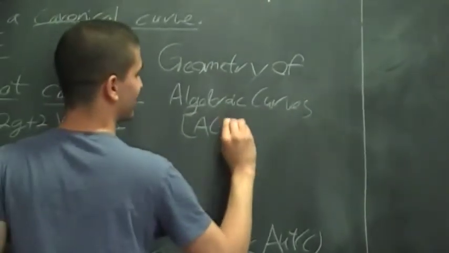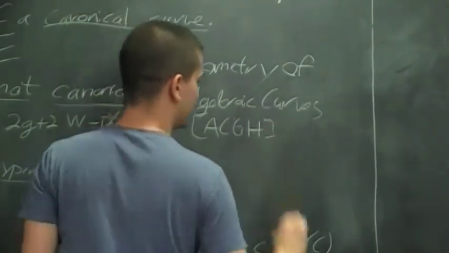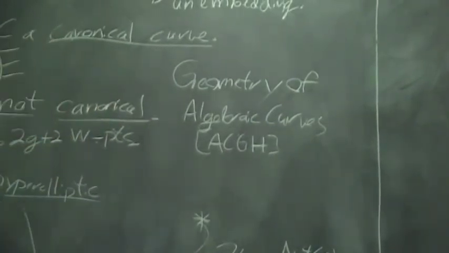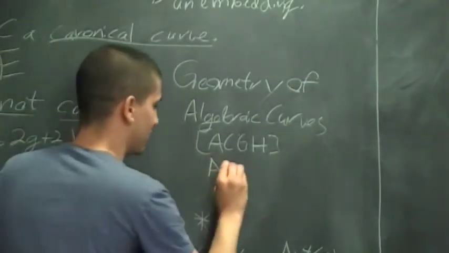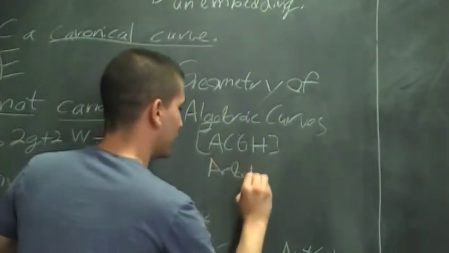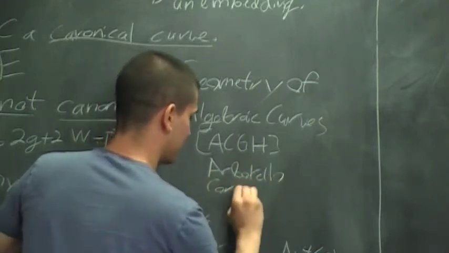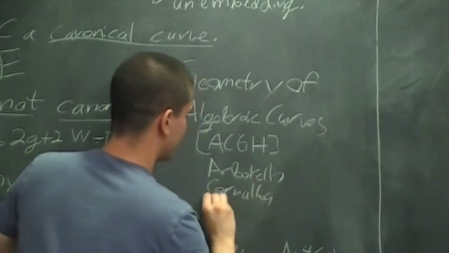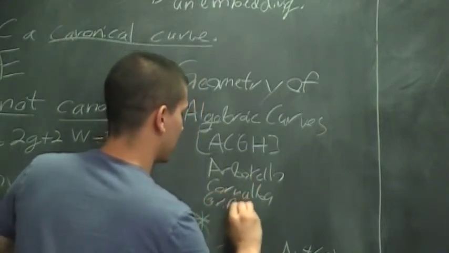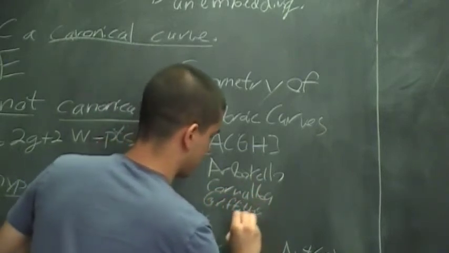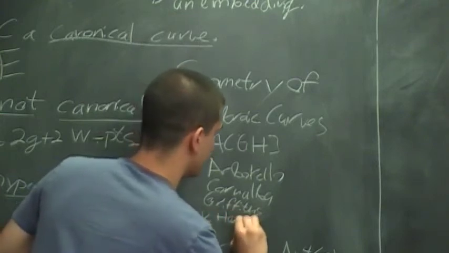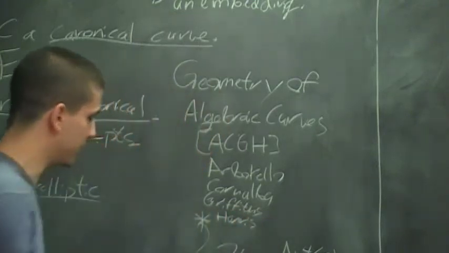It's commonly just called ACGH. You'll hear people refer to it as that, for Arbarello, Cornalba, I hope I'm getting these right, and then Griffiths and Harris. That's a really great book.